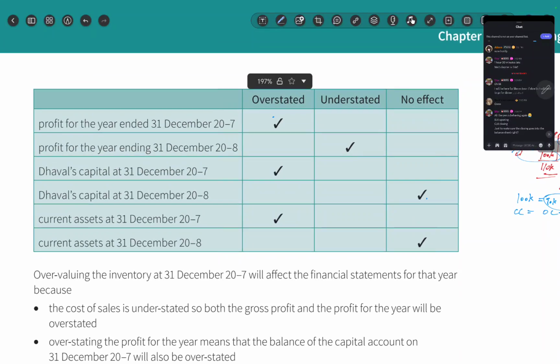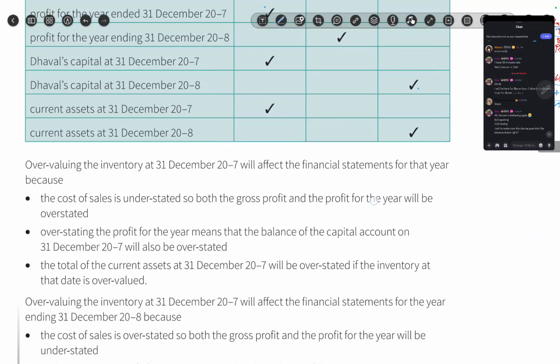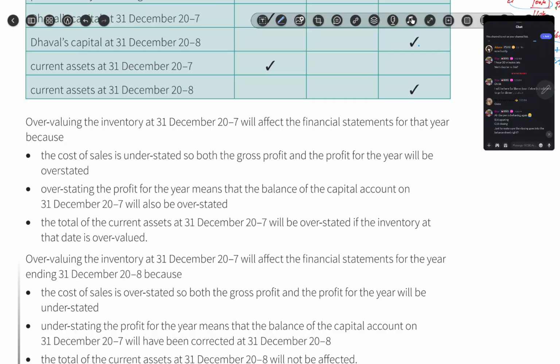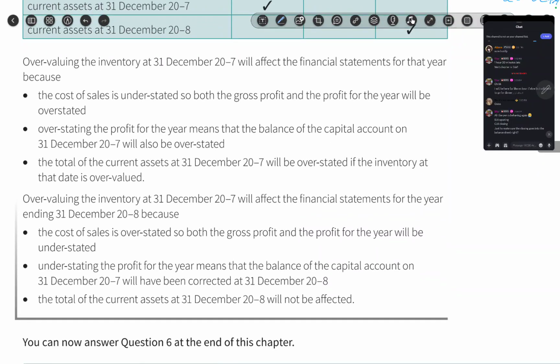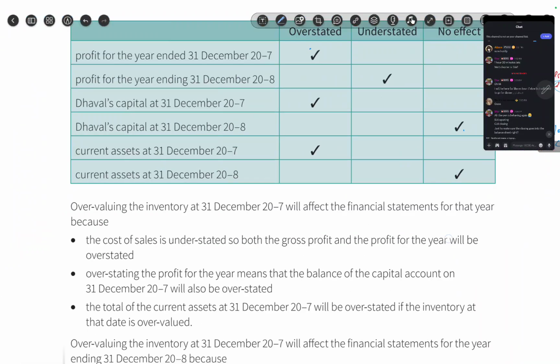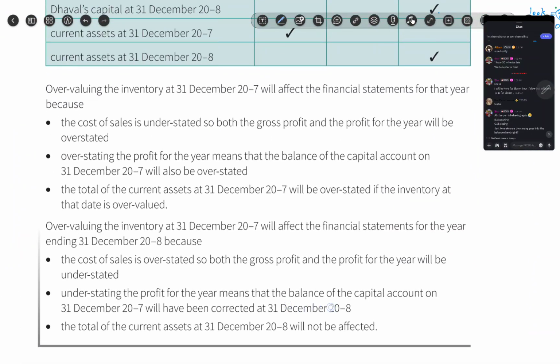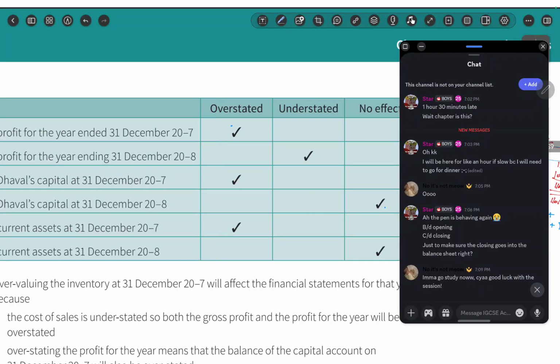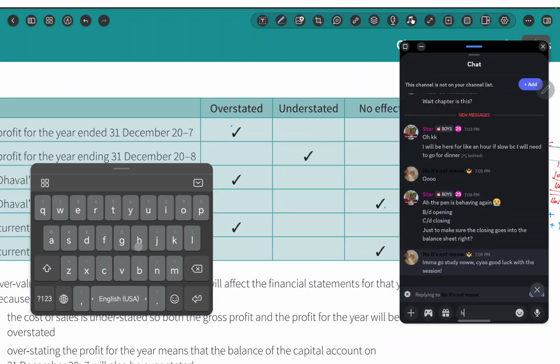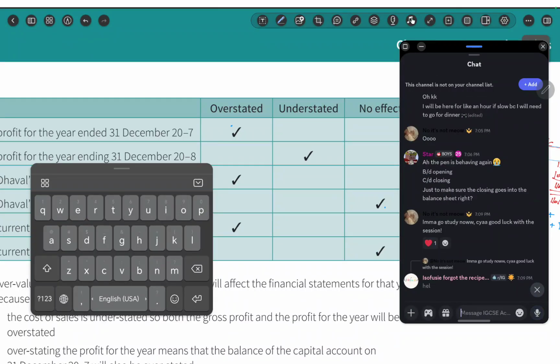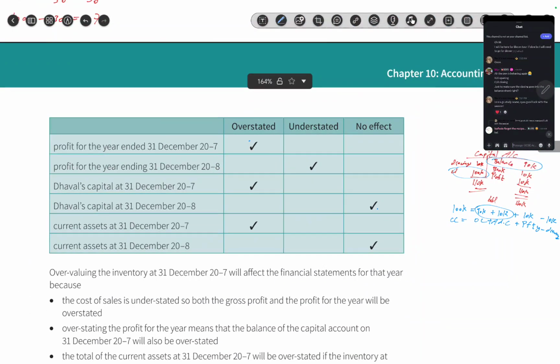Why is there no effect on capital? Understated, overstated. Understating the profit means... Yeah, but they didn't mention that we're correcting the error. Wait, stop here. Can you tell me why this is no effect?